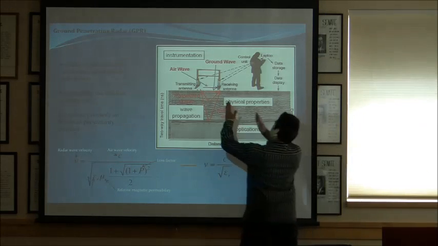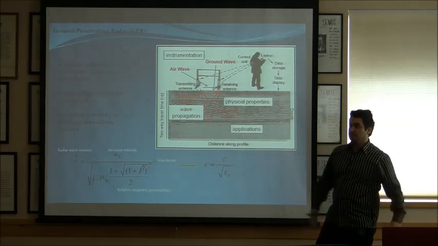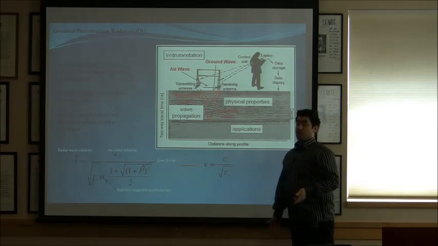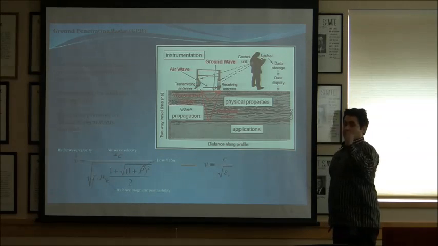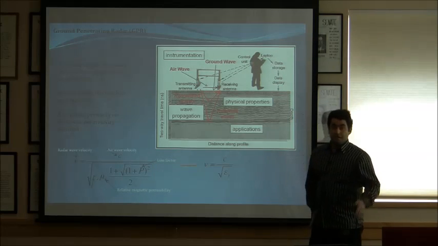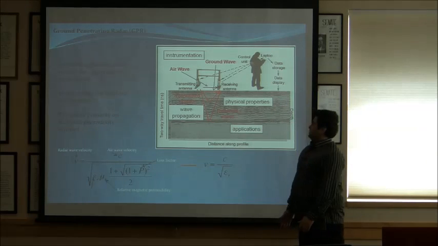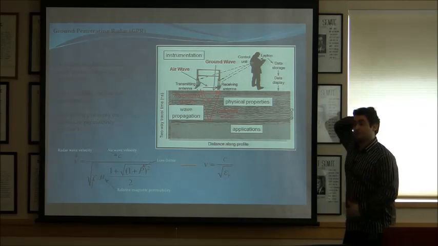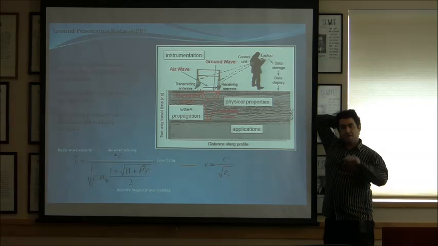The benefit of the non-shielded one is that you can do CMP measurements. In other words, you can take measurements at a fixed point on the Earth's surface and increase the spacing. That gives you a velocity estimate of the subsurface. You cannot do that with shielded antennas in a box, but it has a drawback: it is sensitive to noise around the instrument, like trees, walls, and infrastructure. GPR is based upon a big assumption called the low loss assumption, which means you need low conductivity and low magnetic permeability in the subsurface.